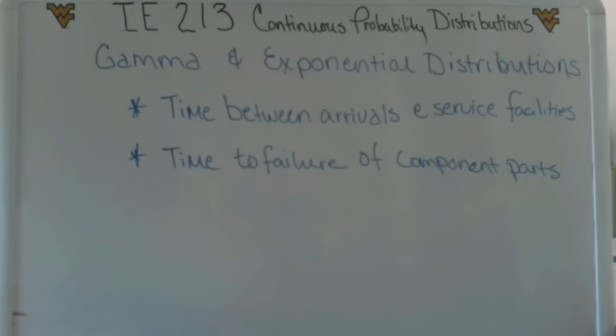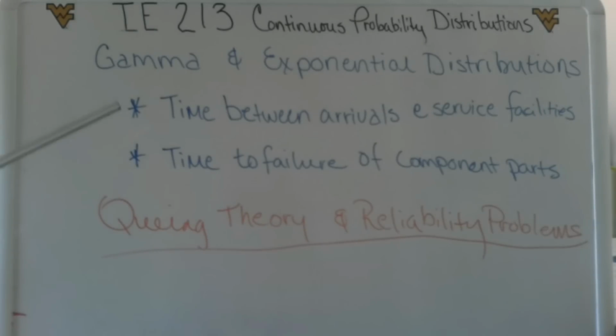The exponential and gamma play an important role in both queuing theory and reliability problems. So time between arrivals and service facilities and time to failure of component parts or electrical components are nicely modeled by the exponential distribution.